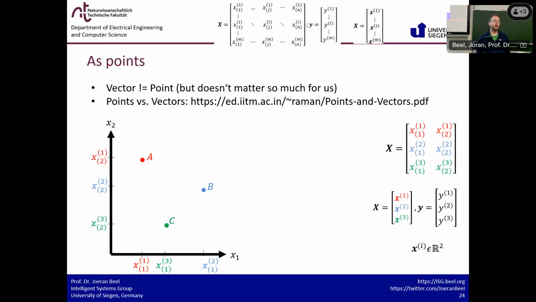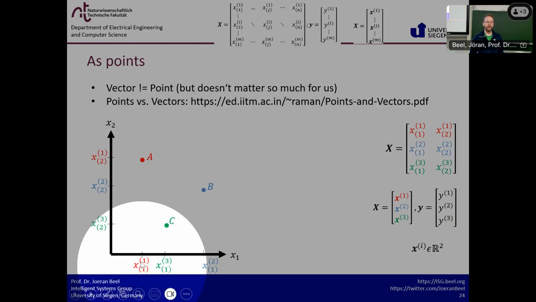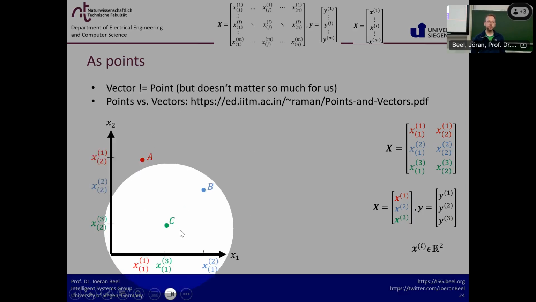It doesn't matter how you term this. So just going back, instance 1 or instance A just has the coordinates x11 and x12. That's our document A or student A and student B and student C.